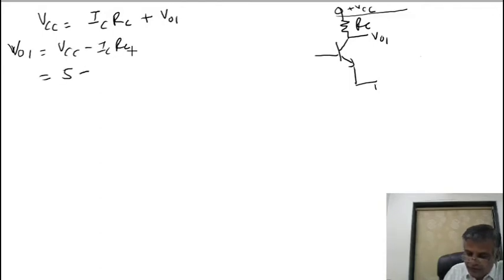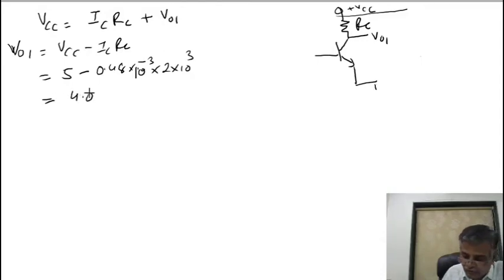This is 5. What is IC? Calculate: 0.48 into 10 raised to minus 3. What is RC? 2 kilo ohm. So you calculate, and you will get nearly 4.04 volt.